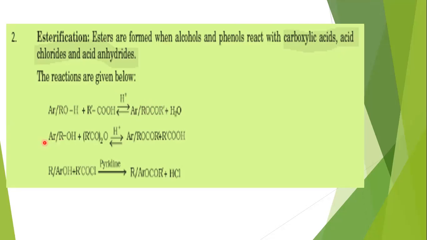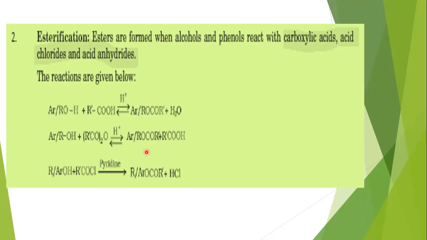Okay. When AROH or ROH, that is alcohol or phenol, reacts with acid anhydride, again ester formation takes place, that is ester of aryl group or alkyl group along with corresponding carboxylic acid. If alcohol or phenol reacts with acid chloride R dash COCl in presence of pyridine, an organic base, then ester formation takes place.